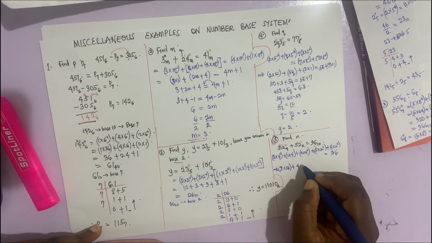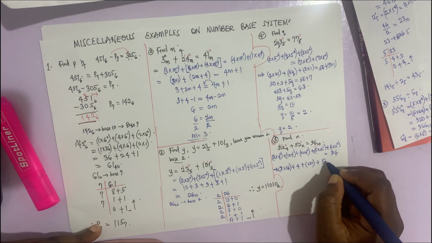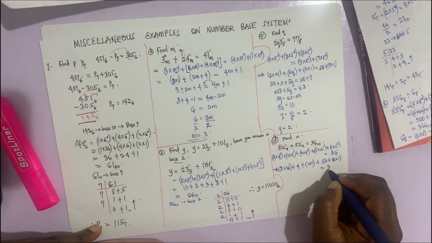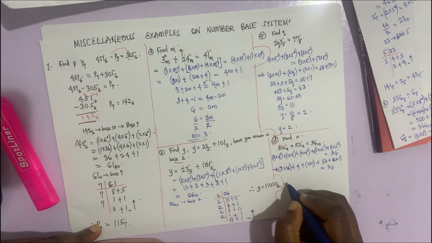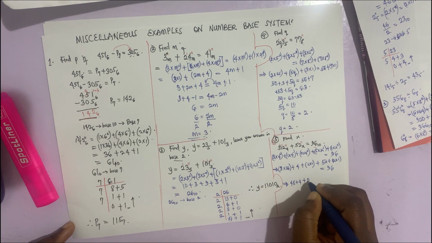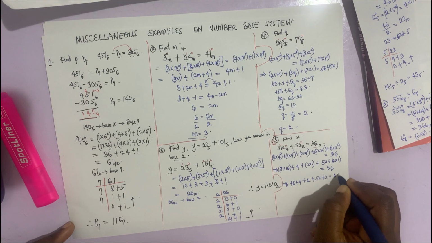So this becomes 3 times 16, plus 4, plus 2 times 1, plus 5x, plus 2 times 1 is equal to 96. So this becomes 48 plus 4 plus 2 plus 5x plus 2 is 96.